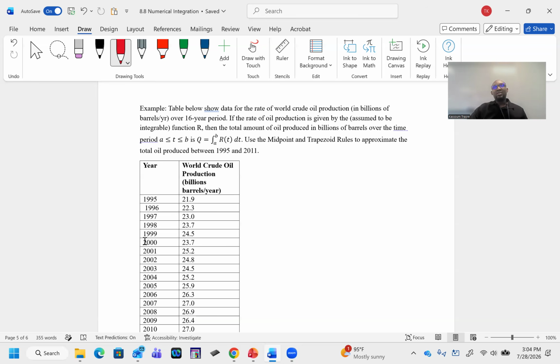So the table is given to me, right? So first thing, let me write my solution right here.